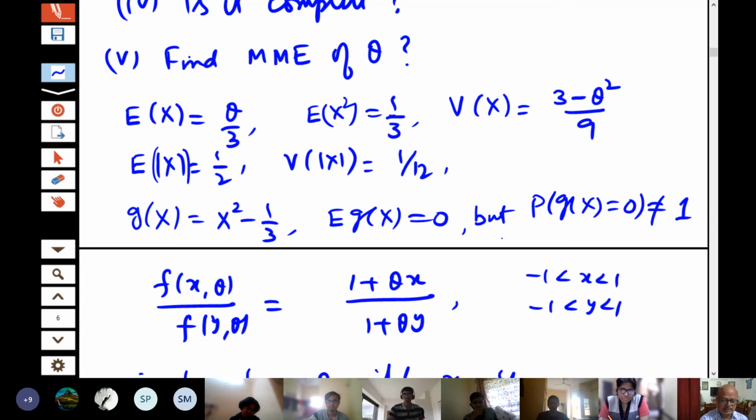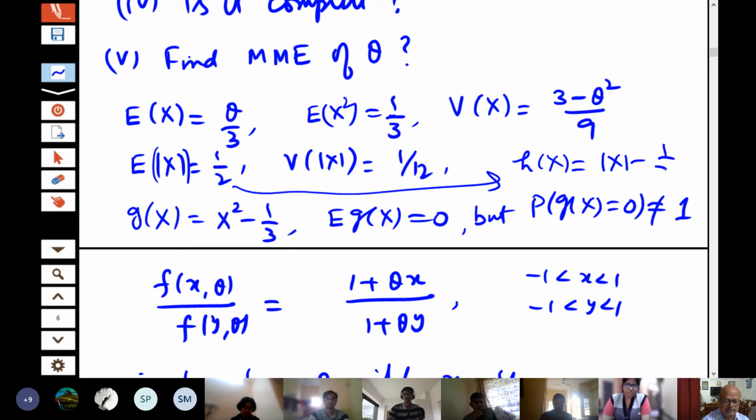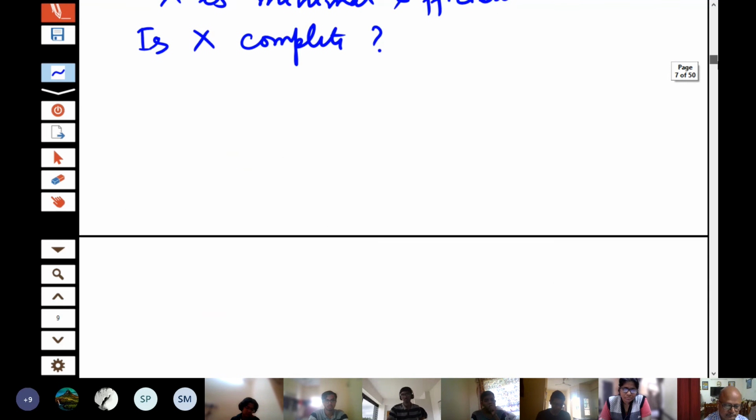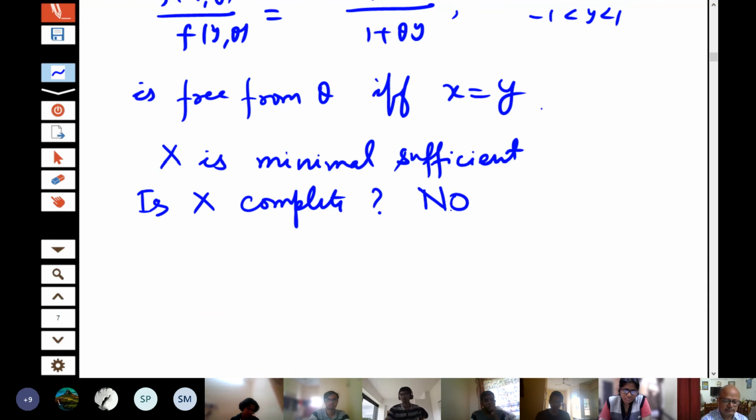So x is not complete. You can argue from here also. I can take, say, hx is equal to mod x minus 1 by 2. If I take expectation of hx, that is also 0, but hx is not 0 with probability 1. So x is not complete. Answer is no.